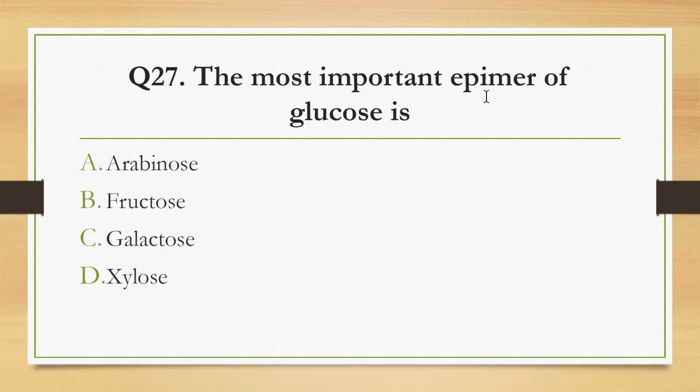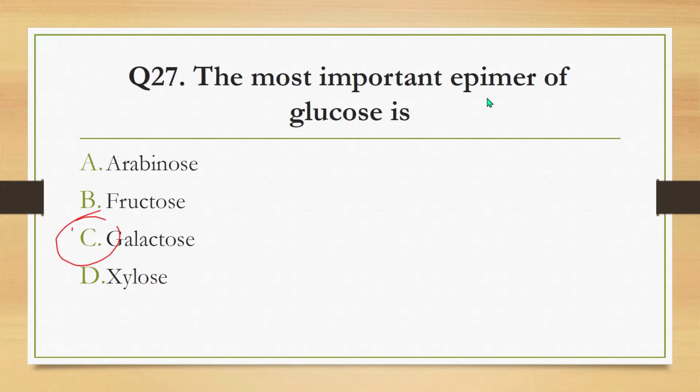That's what makes them different. That type of isomerism is called epimerization, and the best example of epimers of carbohydrate is glucose and galactose. Therefore, the answer to this is galactose.